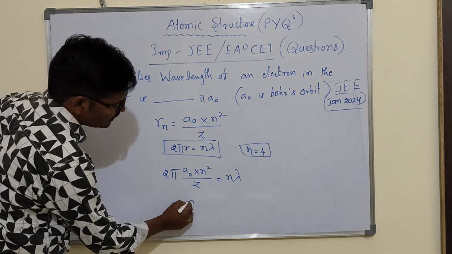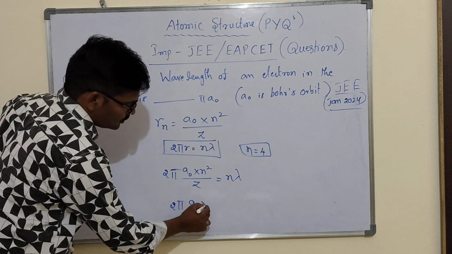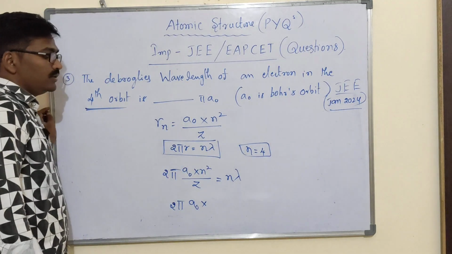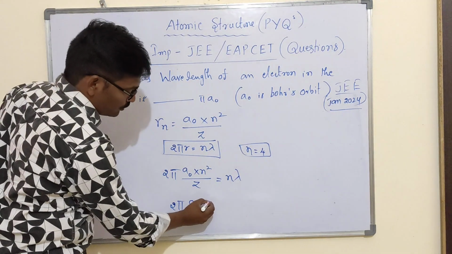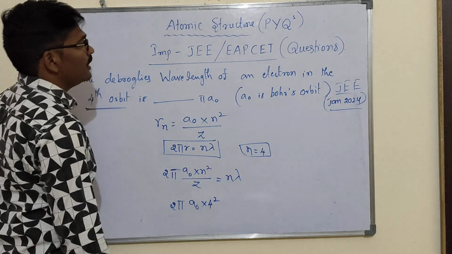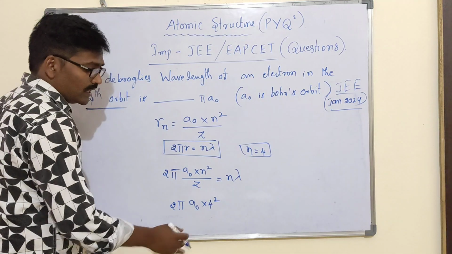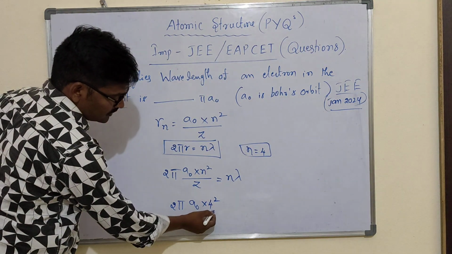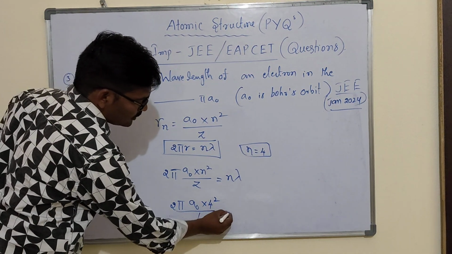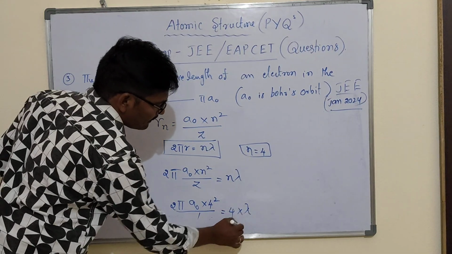2 pi a0 into, in the place of n square, 4 square. The Z value, this is Bohr's atom, so that is the hydrogen atom, so you have to take it as 1. That equals 4 into lambda, right?